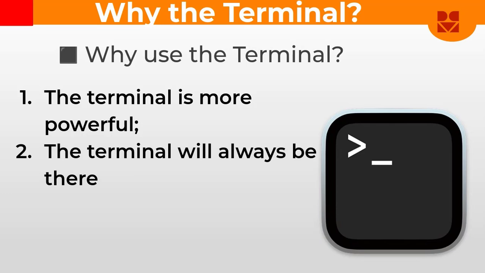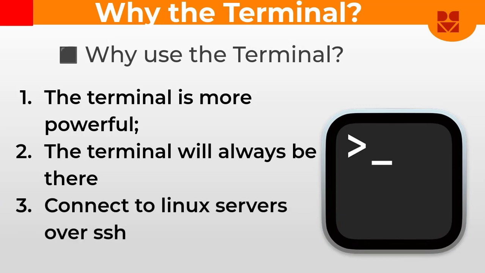Which means that the terminal will always be there. So if they decide one day that the graphical desktop is slowing the system down and we want to go back, then you'll be more privileged to still continue using it if you learn the terminal way.